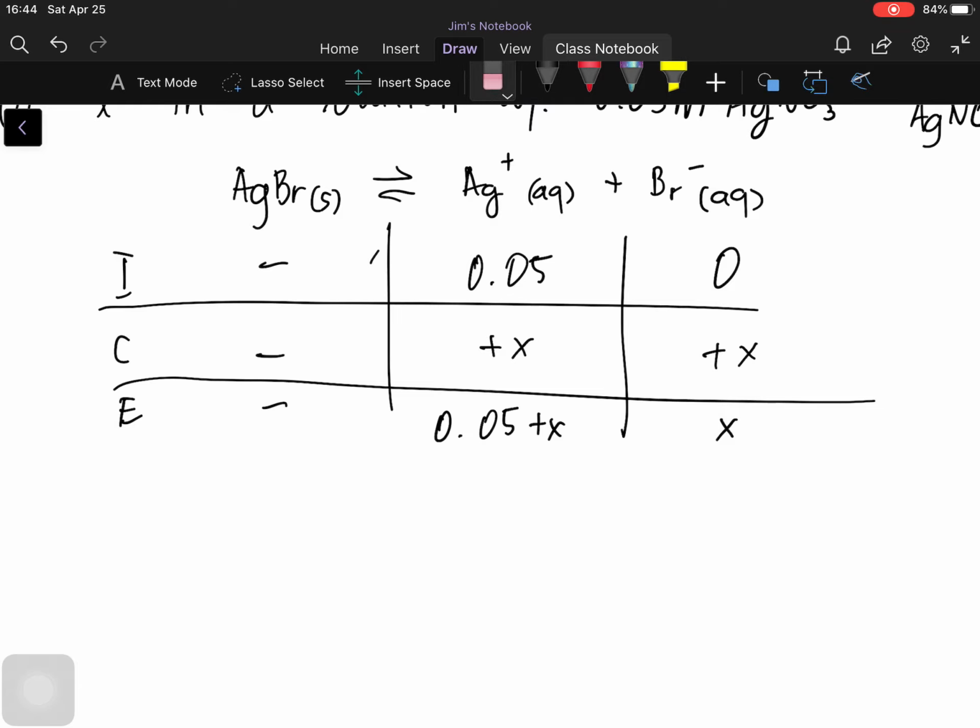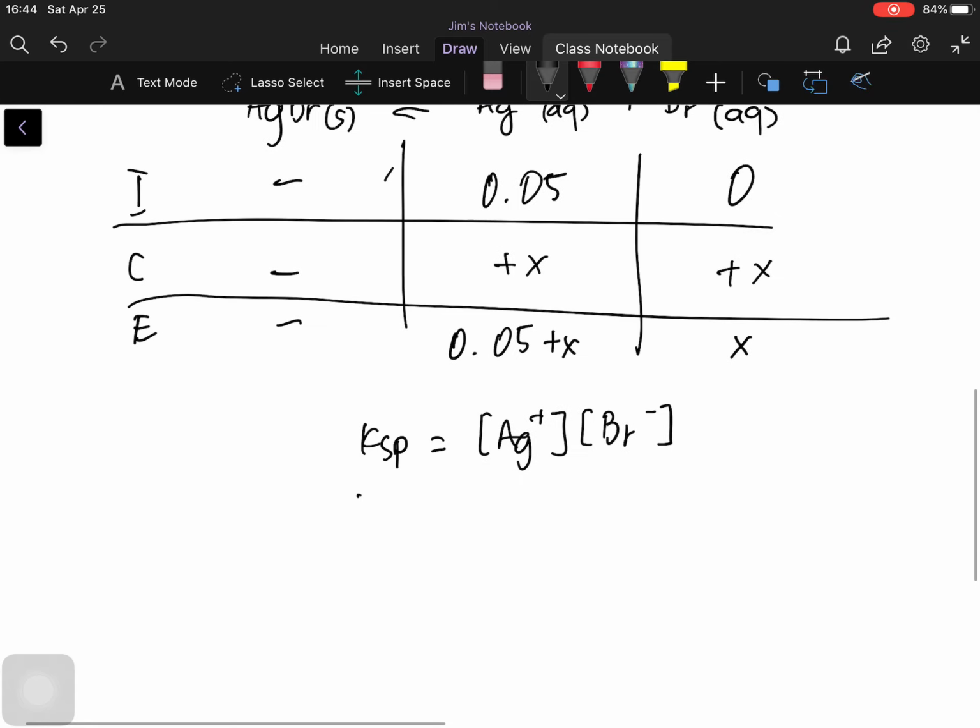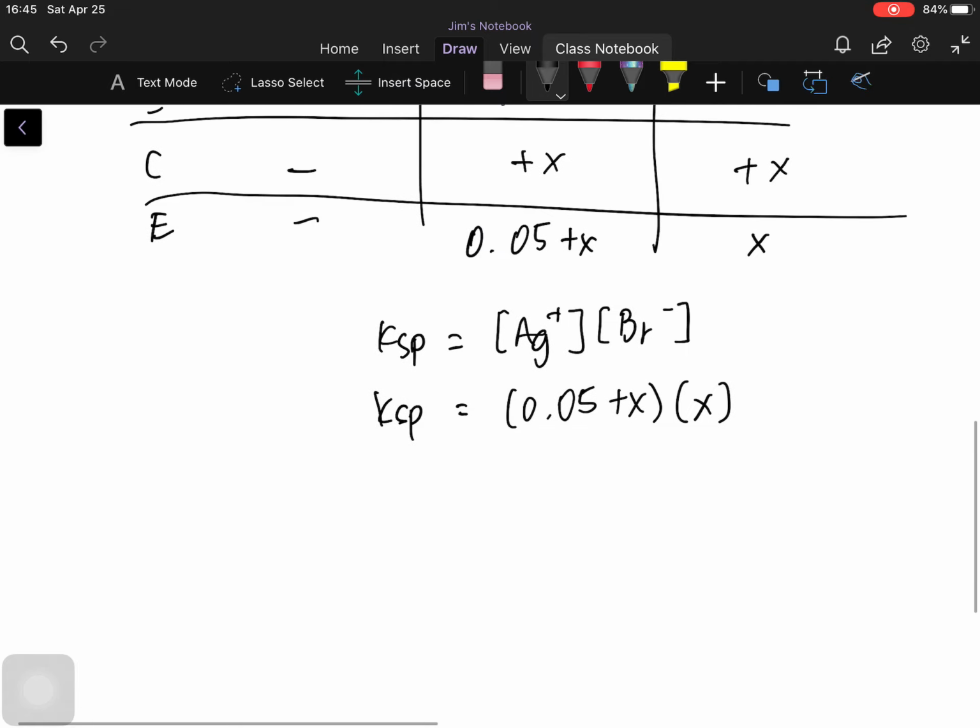So let's write the KSP expression. KSP, in this case, is the concentration of silver ion in the solution at equilibrium times that of the bromide. That means KSP equals 0.05 plus x times x. What can you notice? We'll be dealing with a quadratic equation here. So let's simplify this. Let's distribute x.